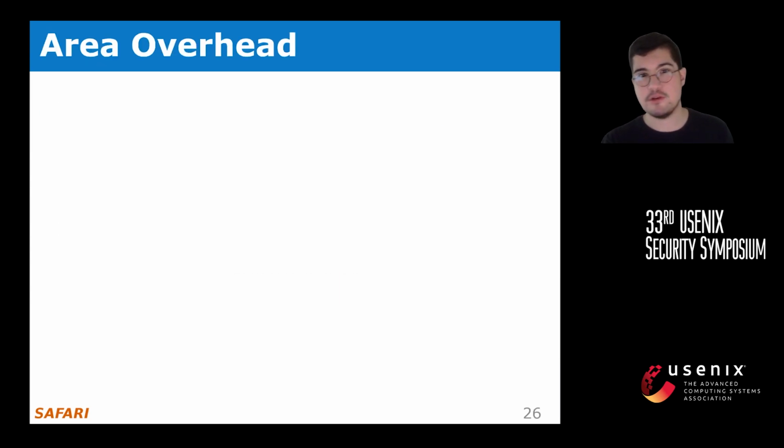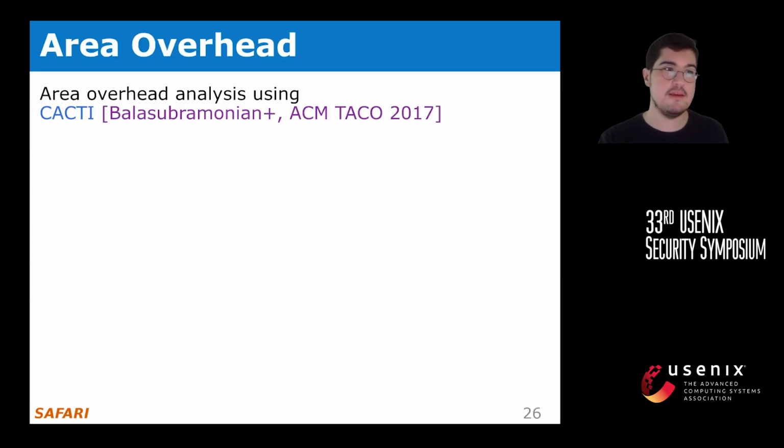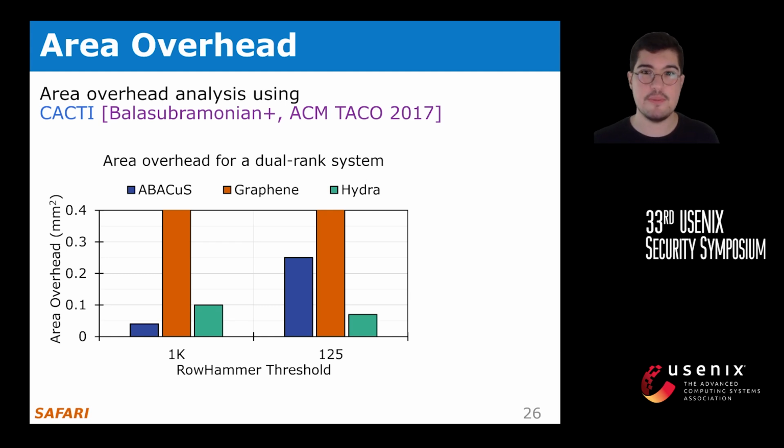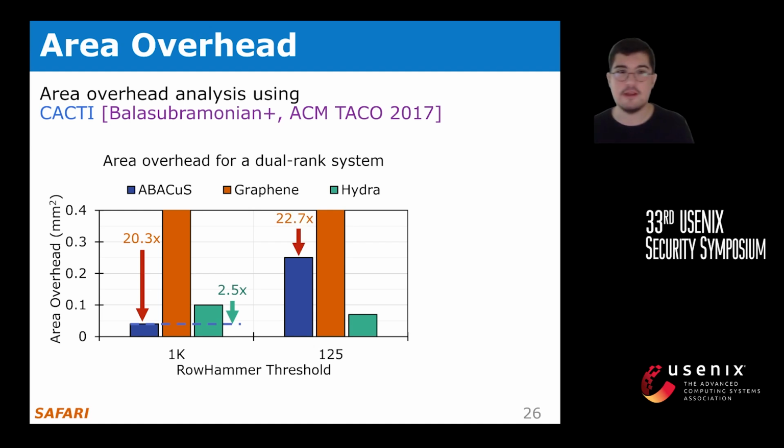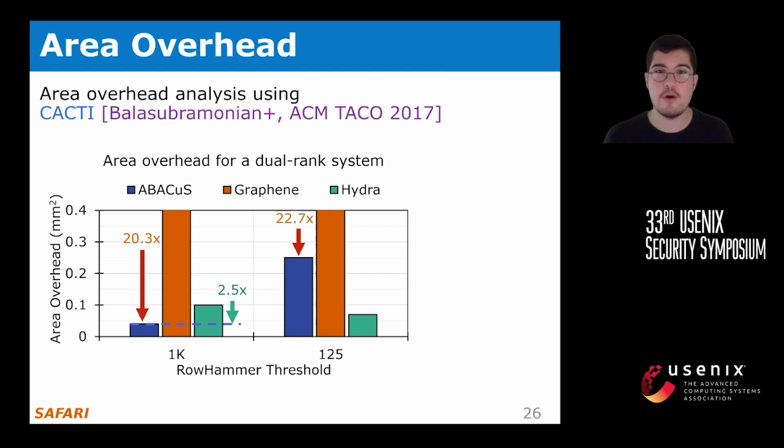We analyze ABACuS's area overhead, and we observe that at a RowHammer threshold of 1000, ABACuS induces a significantly smaller area overhead than Graphene, and it takes up smaller area than Hydra. At a smaller RowHammer threshold of 125, ABACuS takes up significantly smaller area than Graphene, but Hydra's area overhead at this very low RowHammer threshold is relatively smaller than ABACuS.